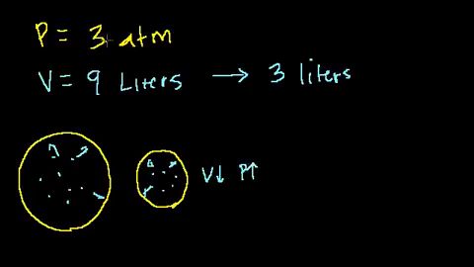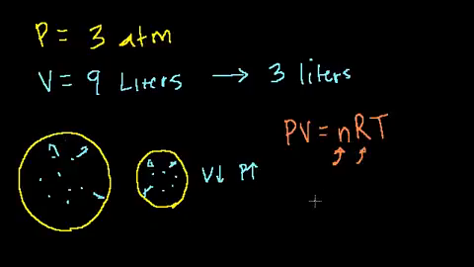So let's see if we can calculate the exact number. We can take our ideal gas equation: pressure times volume is equal to nRT. Does the number of particles change when I shrink the volume? No, we have the same number of particles. I'm just shrinking the container. So n is n, R is just a constant, and the temperature doesn't change.